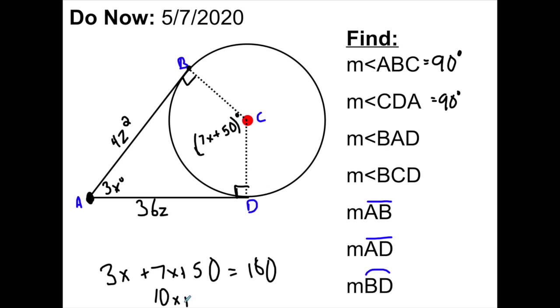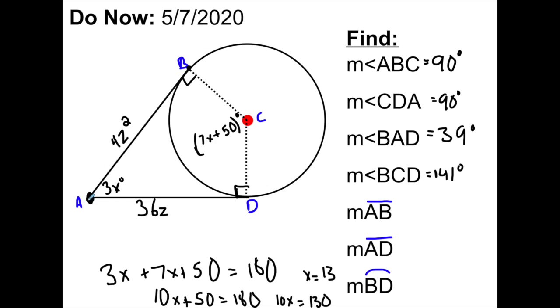So 10x plus 50 equals 180. 10x equals 130, so x is equal to 13. If x is equal to 13, then BAD is 39 degrees. Then I plug in 13 to 7x plus 50, and I get 141 degrees. We can see that 39 plus 141 is 180.